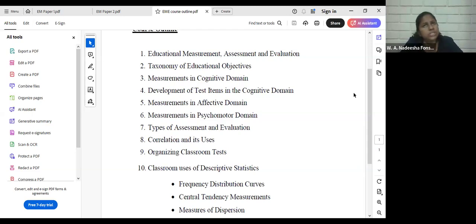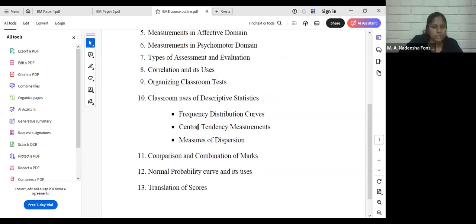Then correlation and its uses. Then classroom tests. Then descriptive statistics, frequency distribution curve, central tendency measures. Under central tendency measures, we discussed mean, mode, and median. Then dispersion, standard deviation, and variation.